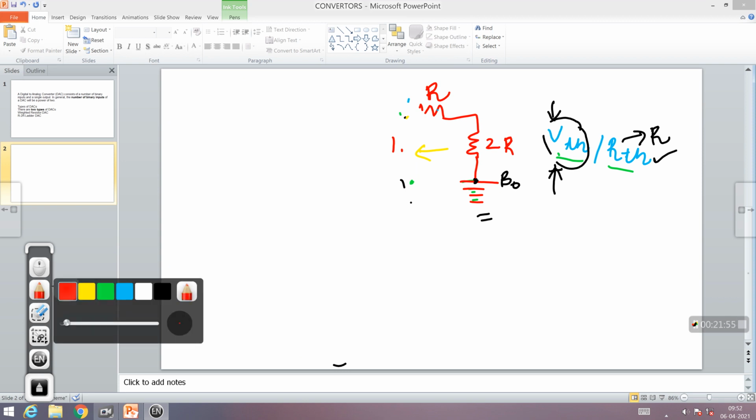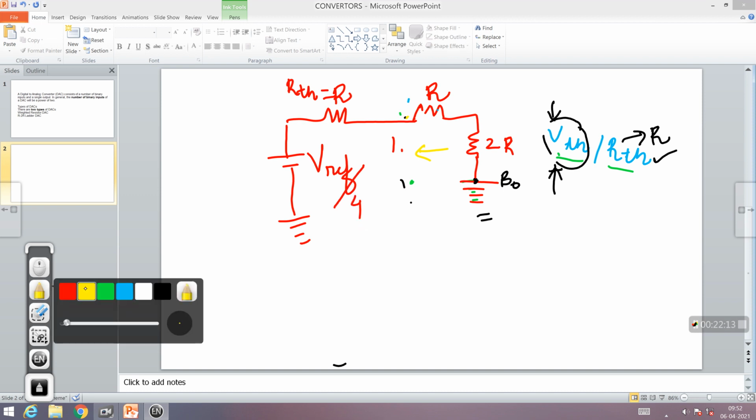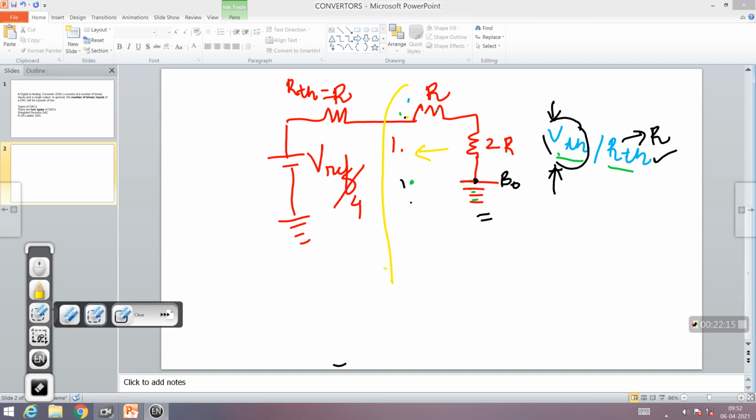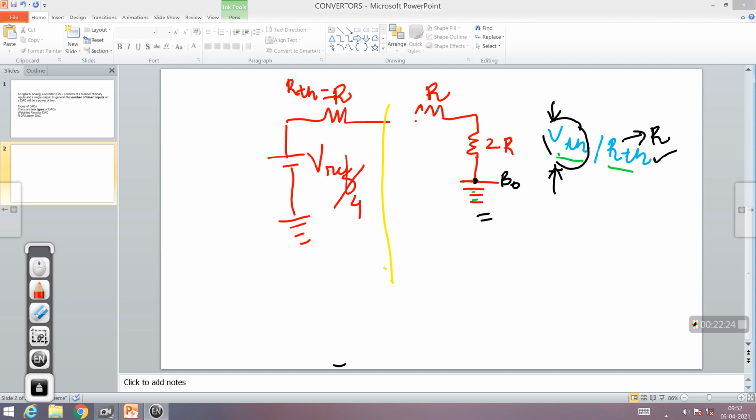Now this is my R, and my Vref by 4. So that network I have already replaced, whose equivalent I have already found out. So this is my final network.